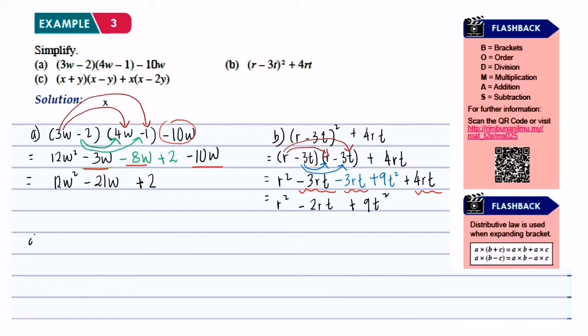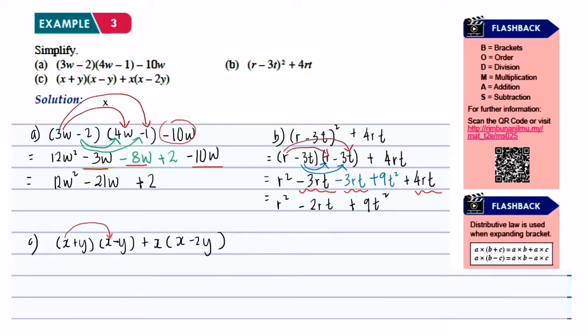Okay, C, s plus y, s minus y plus s times s minus 2y. Okay, we solve the bracket here. Follow the order here first, right?